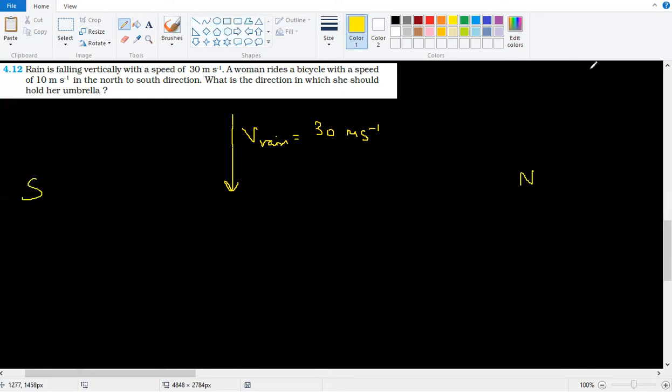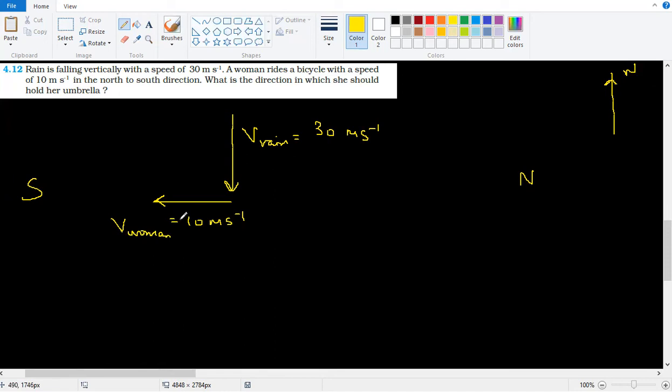Generally in the page we'll assume something like this, but in this particular problem I have to show the arrow. So north to south means I have to show something like this. So that is 10 meters per second. So this is the velocity of the woman.